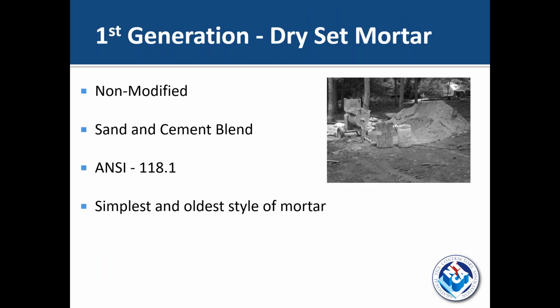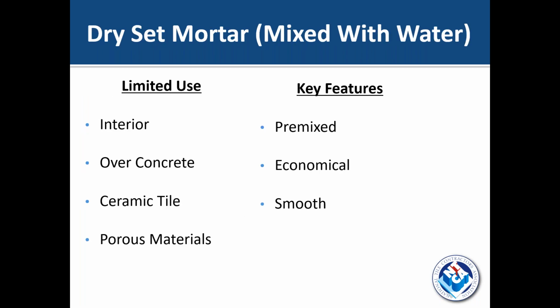So the first generation of dry set mortar, and this is going back to the beginning of time practically, was very simple blends of sand and cement, non-modified products. There is an ANSI standard for this, which is ANSI A118.1, and these products now are no longer site mixes. There are site mixes that are still used, but these products are now available pre-blended.